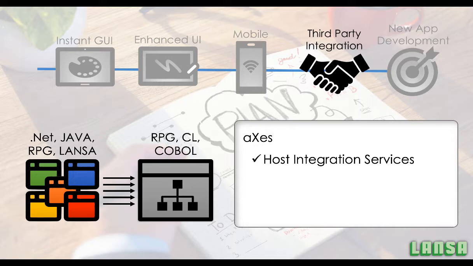It's buried somewhere in a 10,000-line RPG program. With Axis Host Integration Services, a third-party application could literally navigate all those screens and get to that particular part of the application where the price is displayed, capture that price field off that green screen, and then return that value to the calling application. So there's no screens involved. It's purely done in batch.